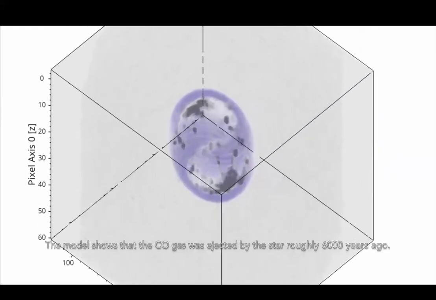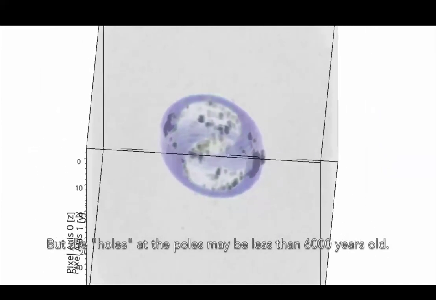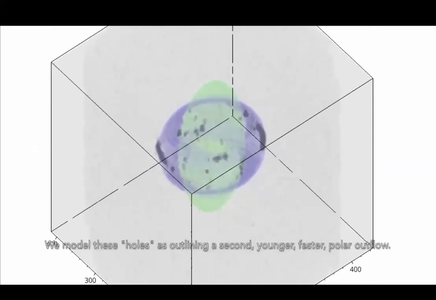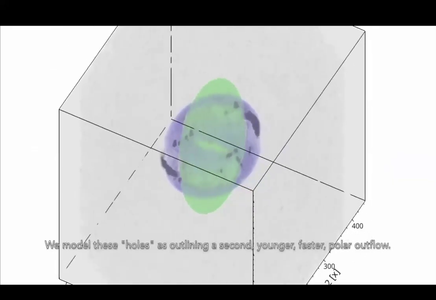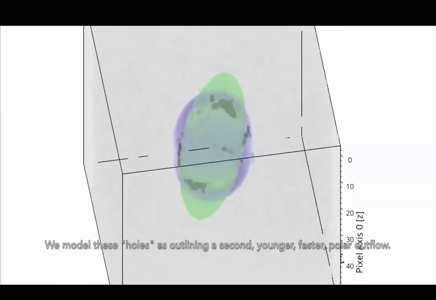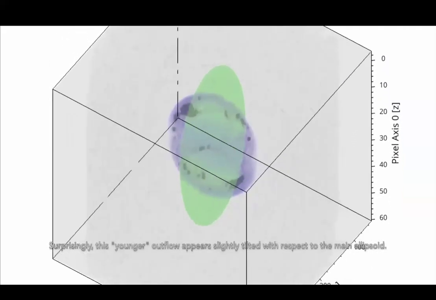But we can use that model to say that the gas was ejected about 6,000 years ago, but there are holes. Clearly, there are holes. And the holes, it seems, must have been generated by a fast outflow that was coming along the poles and was ejected after the triaxial ellipsoid.